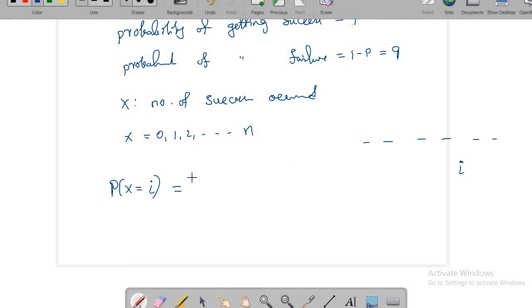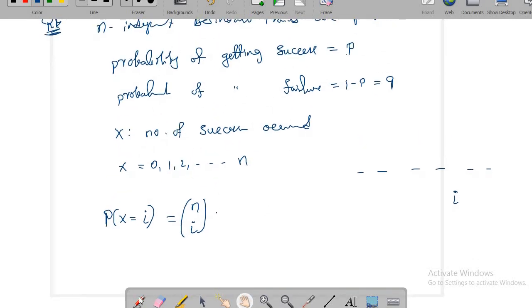So first of all, let us select the places where we want the success, that is n choose i, into the probability of getting i successes, where the probability of getting success is p. So p power i into (1 minus p) whole power n minus i.